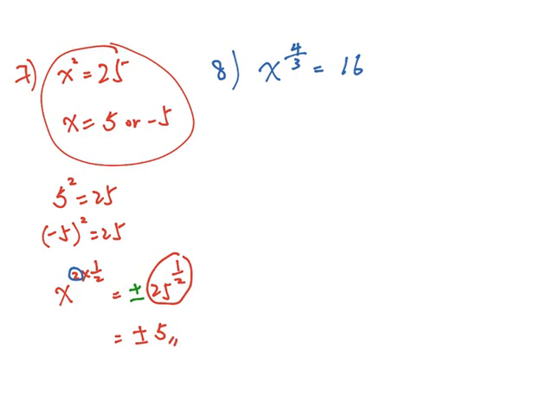Okay, let's see question 8. Same, you can see this is an even index. The definition of the even index is about the numerator, not denominator. That means here, this part, numerator 4. So it is even number.